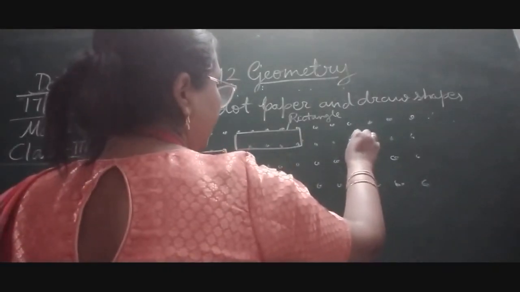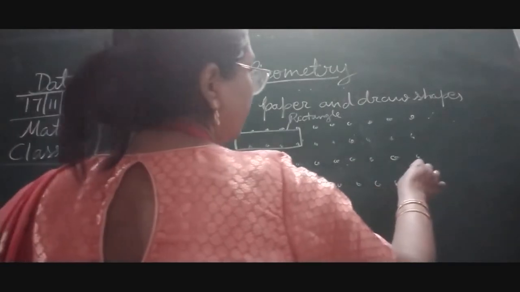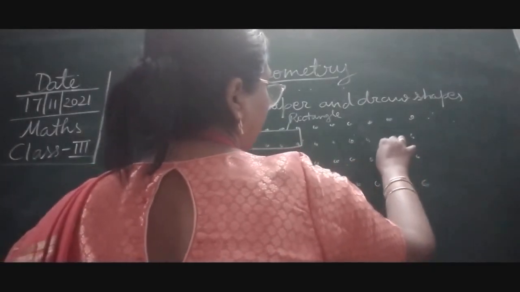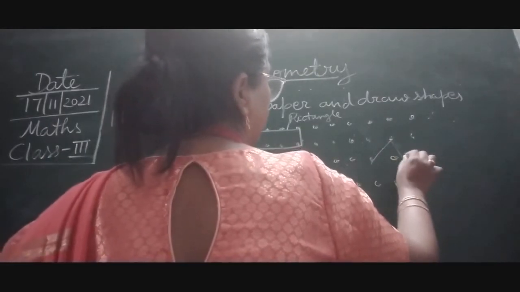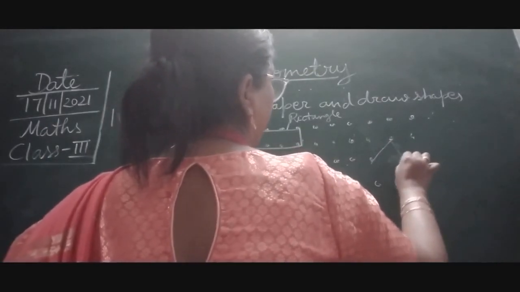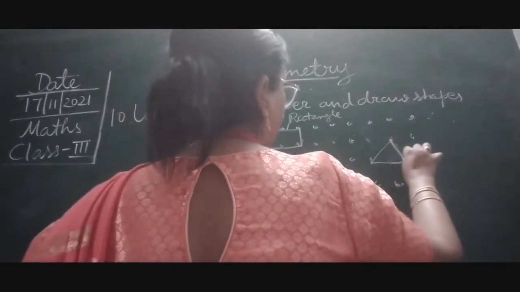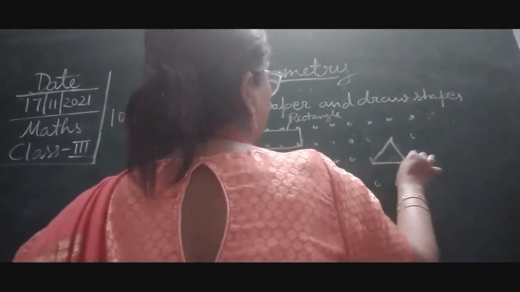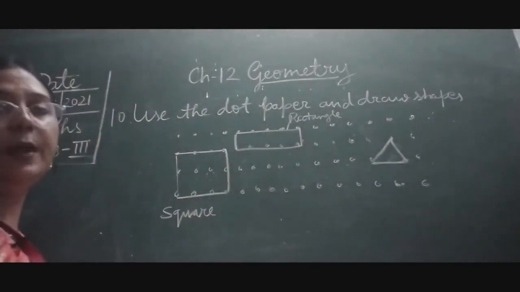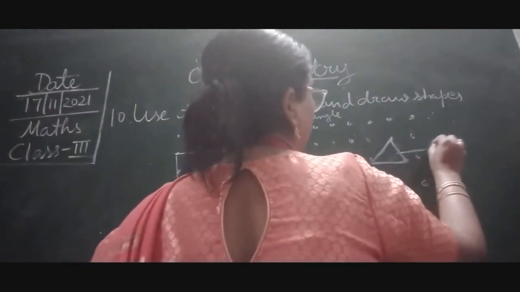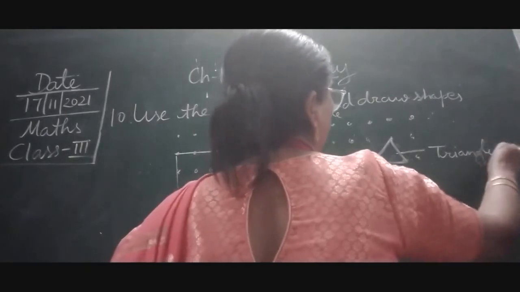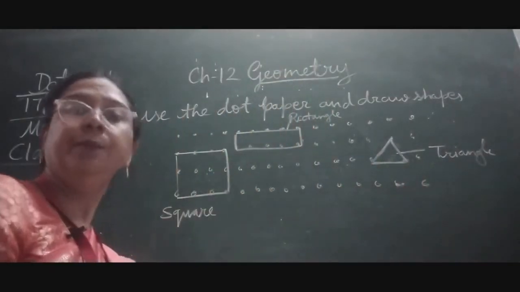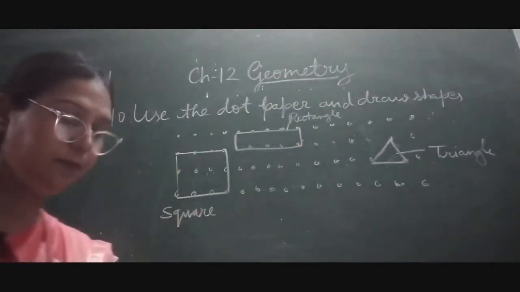It is quite easy for us. First we will choose one dot, and now here, and now here. Suppose this dot should be there, so we will make a triangle, or we can make a bigger one also. So this is a triangle. Okay.